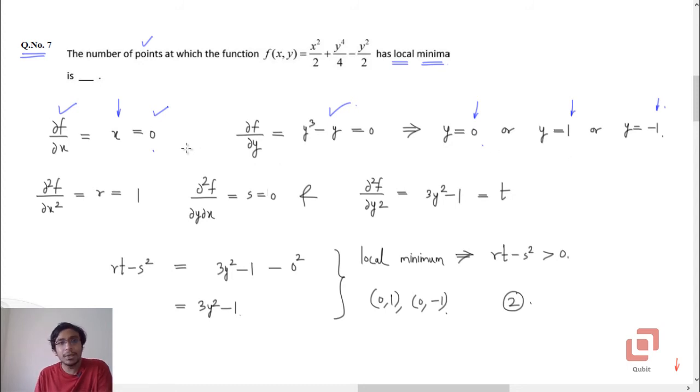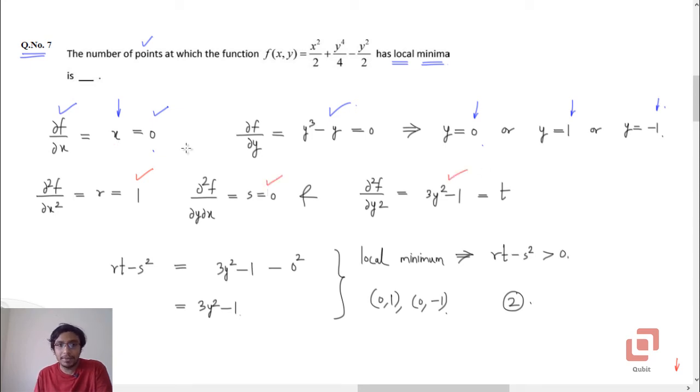Now to decide whether the function has a local minimum or local maximum or something else like a saddle point, we need to apply the second derivative test. Partial squared f by partial x squared is 1, partial squared f by partial y partial x is 0, because this doesn't contain any y, and partial squared f by partial y squared will be 3y squared minus 1.